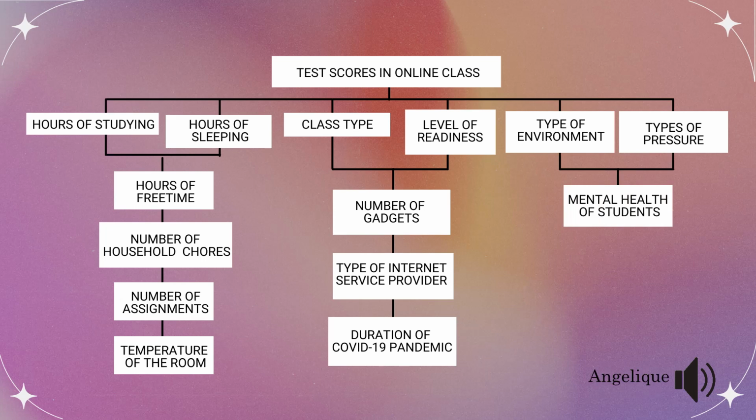For the last two variables, our group associated test scores to the type of environment a student is living in, as well as the type of pressures they experience while taking the test. The environment that our group is pertaining to would be the current environment that the students are in while being in the online learning setup. Where would these places be? Well, most of them would be at home.